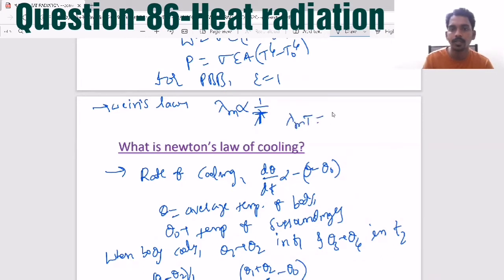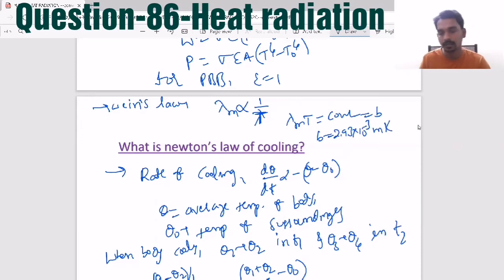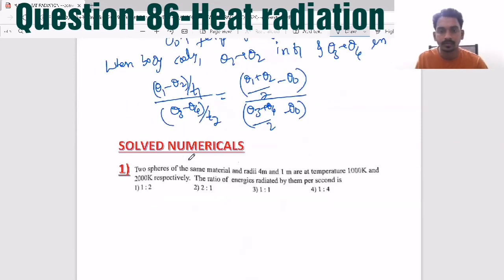So lambda m into T equal to constant. This constant is called Wien's constant, that is 2.93 into 10 power minus 3 meter Kelvin. Based on that also sometimes they can ask questions like lambda 1 T1 equal to lambda 2 T2.